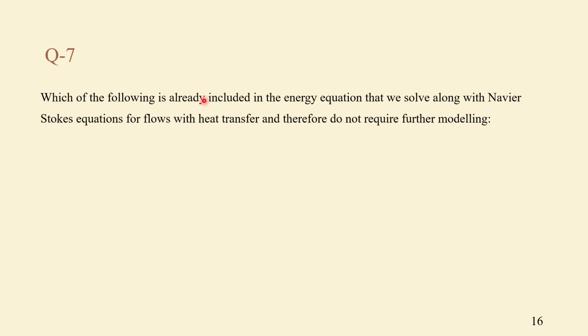So we'll go to question 7. Question 7 asks: which of the following is already included in the energy conservation equation that we solved along with the Navier-Stokes equations for flows with heat transfer, and therefore does not require further modeling?